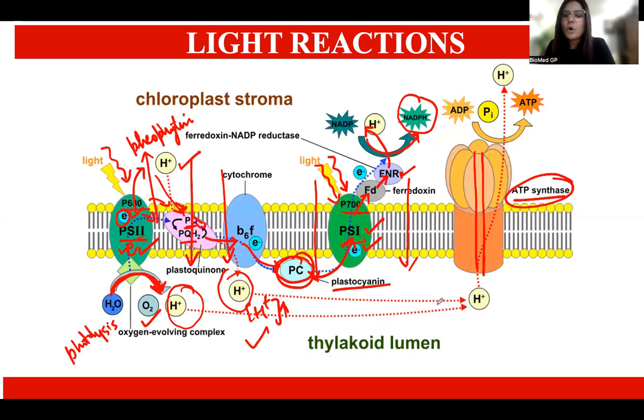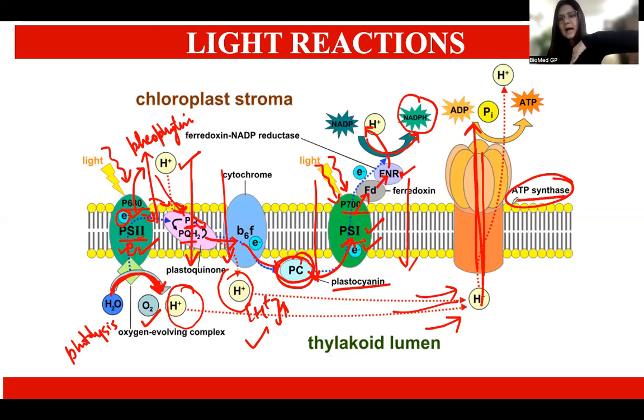So all these protons, the hydrogen ions which are accumulating inside the thylakoid, go and gather near the ATP synthase molecule, and they start to move through the channel present in the ATP synthase so that the equilibrium can be maintained.